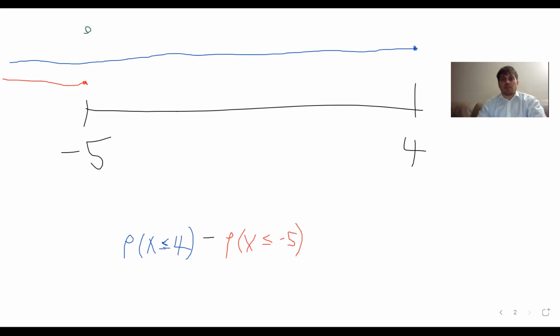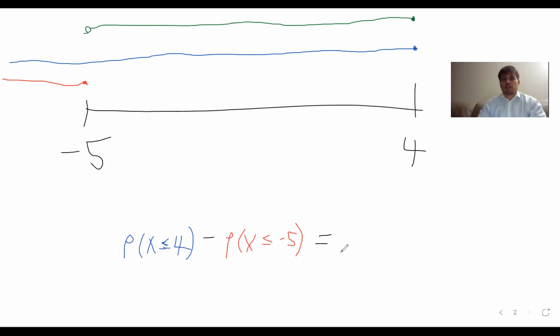So I'll put this in green. This green region is the part that's blue but not red. And so that means that this is equal to the probability of the green region. Probability in the blue region minus probability of the red region is equal to the probability of the green region.